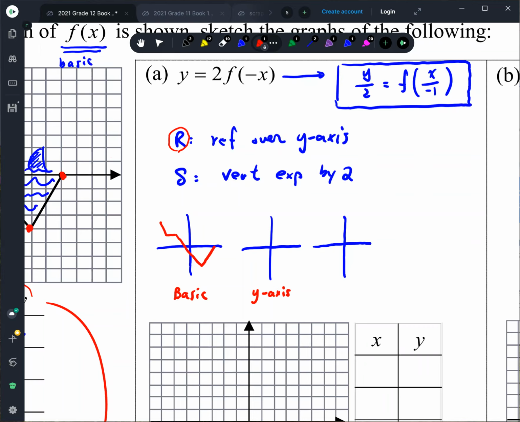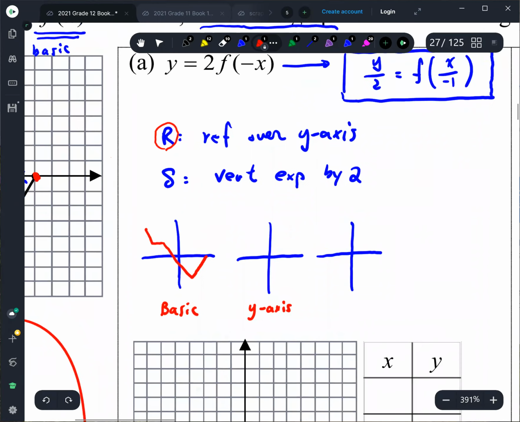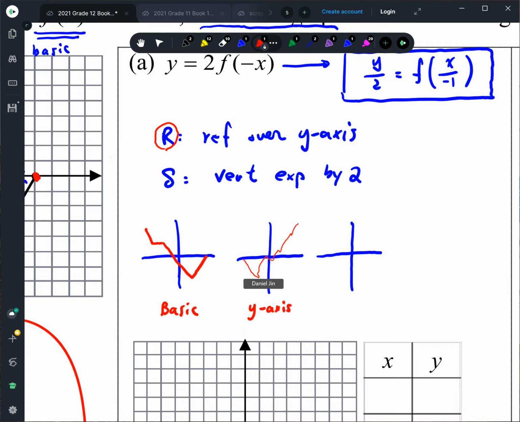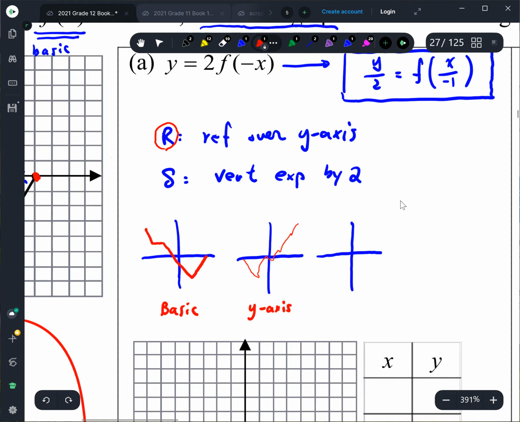Okay, Daniel, can you try to draw on the screen and show us what you have for the reflection over the y-axis? Yeah, okay, pretty good, something like that. So your pointy part will go to the left side. Very good. Let me just make it more, because yours is like a stock market, rising up the price.